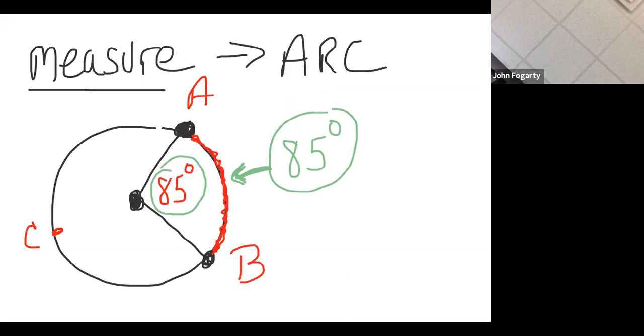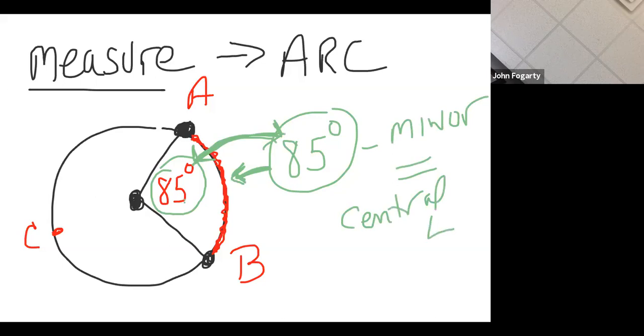This is the central angle, right? So the minor arc is equal to the central angle that cuts it.